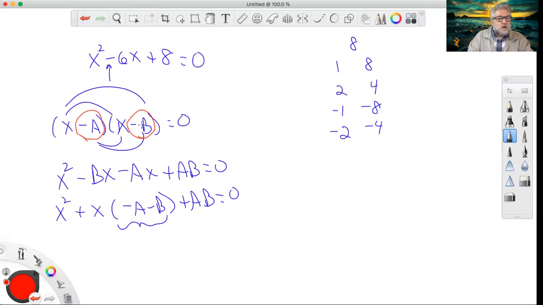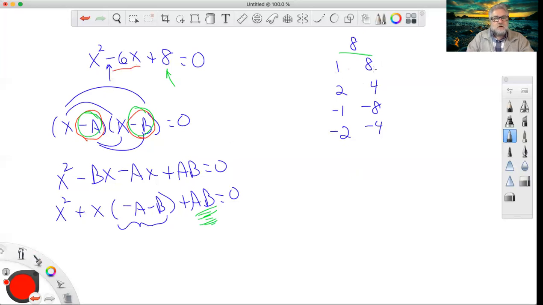So when I'm factoring something, notice these two things also multiply together to give me the last one. So I need to keep that in mind when I'm looking at the factors here of 8, that I'm finding numbers that will multiply together to give me this, like I have here, and will add together to give me a -6.